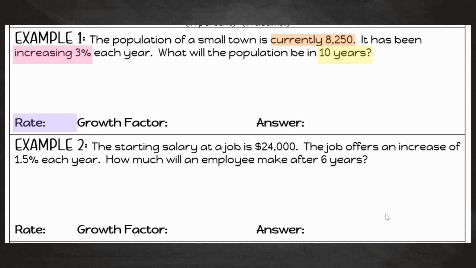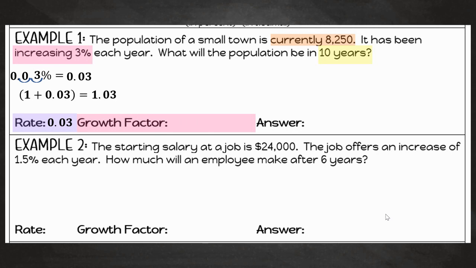Well, we have to take that 3% and convert that to a decimal. So if we have 3%, we're going to move that decimal 2 places and we get 0.03. So that is our rate. Then we're going to find our growth factor, and our growth factor is going to be 1 plus the 0.03.